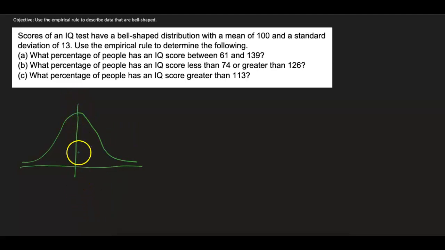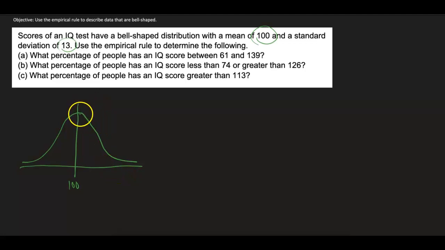So in the bell curve, the first thing I want to label here is in the center, I'll write the value of the mean. And according to the problem, the mean is 100. And then the standard deviation is 13. So what I do with that 13 is I'm going to make 3 marks to both the right and the left of the mean.